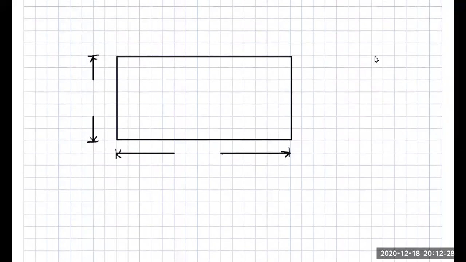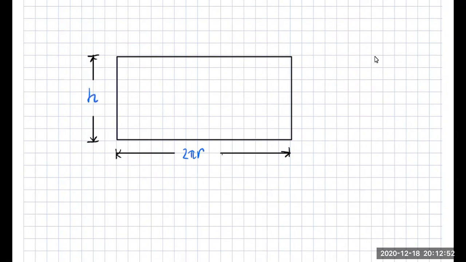Because it was circular to begin with, the length of this is going to be 2 pi times the radius. That's the circumference of the cylinder, 2 pi r, but when you unravel it, it becomes the length of the rectangle. The height, of course, is this right here.